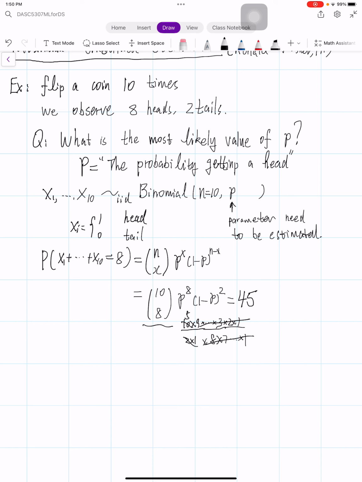So 45 p to the power 8, 1 minus p to the power 2.